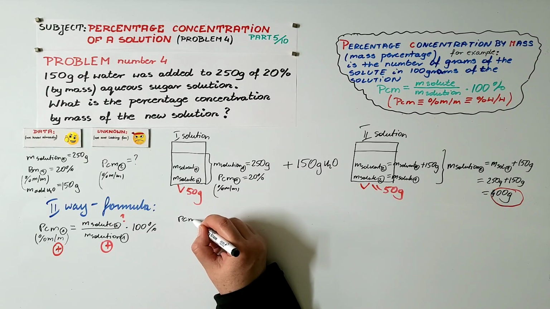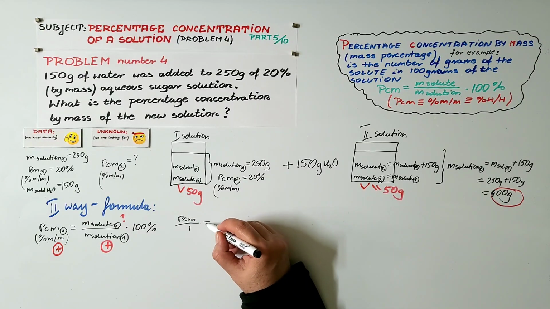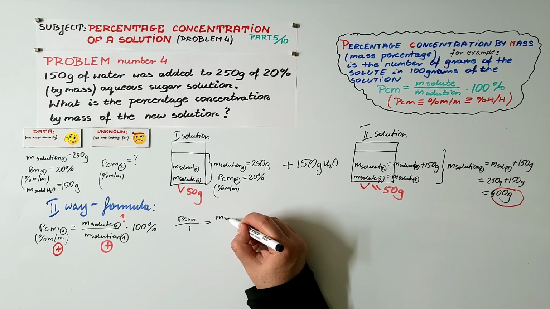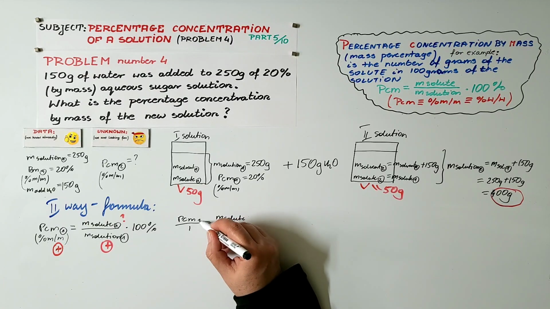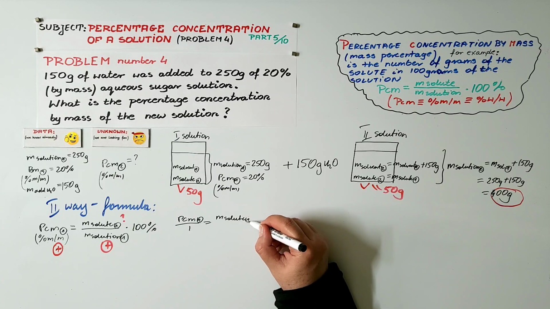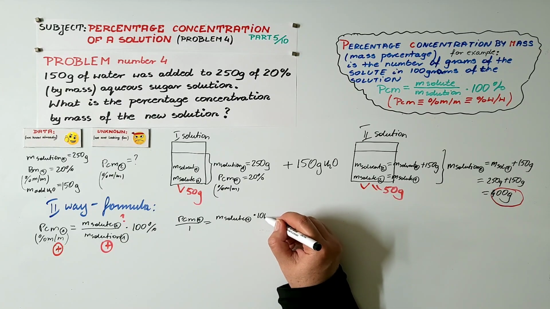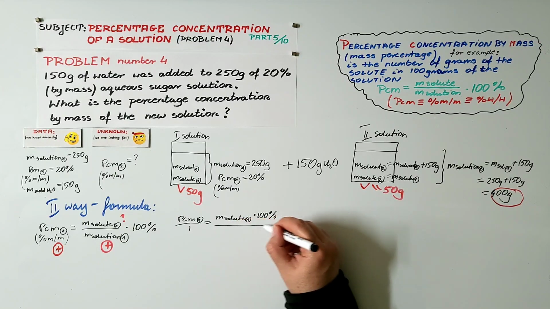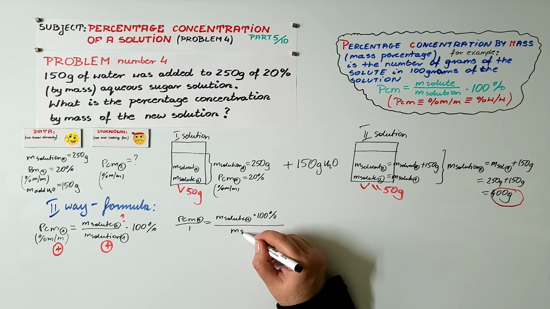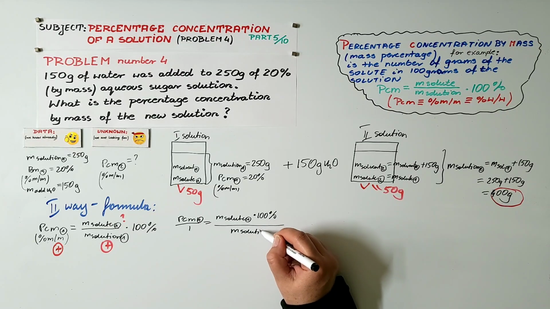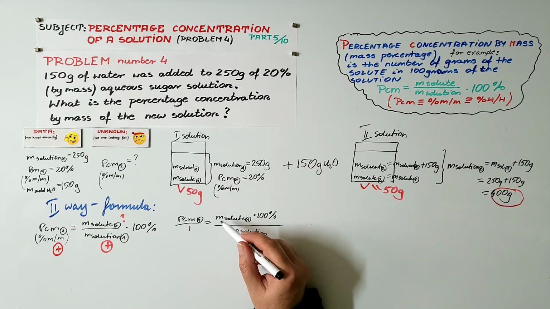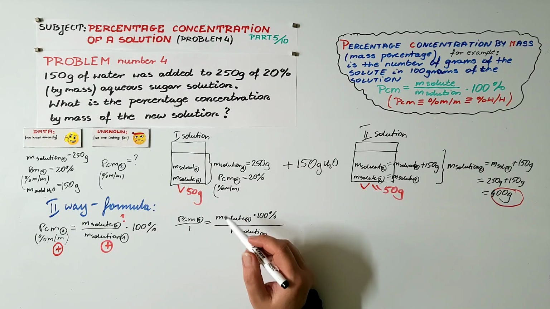PCM1 equals mass of solute times 100% over mass of solution. We calculate mass of solute by cross multiplying.